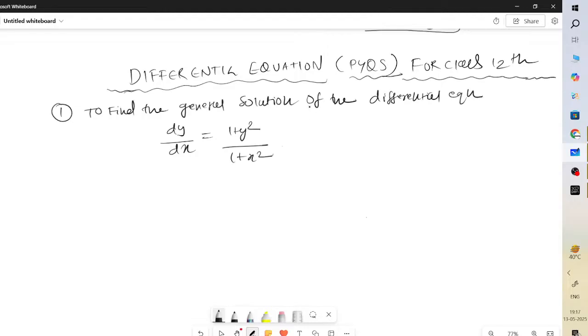And this question was asked in the previous board exam for 2 marks. Okay. So it is the easy and scoring one.